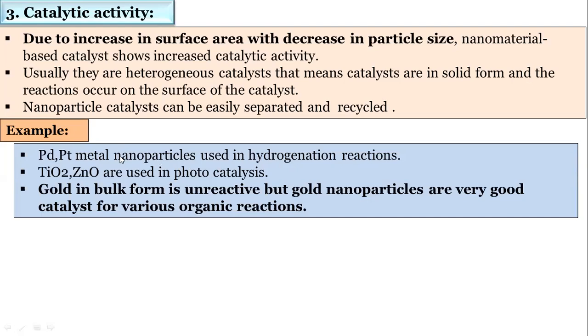So these are very good examples of nano catalysts. Then titanium dioxide and zinc oxide are used in sunscreen lotion. Already I explained, these are the two chemicals used in sunscreen lotion. These are used in photocatalysis. Remember. Then gold in bulk.